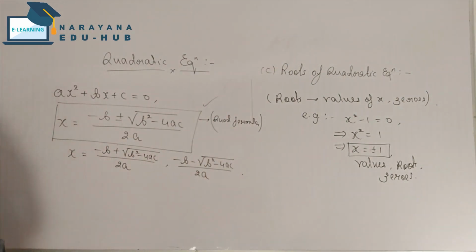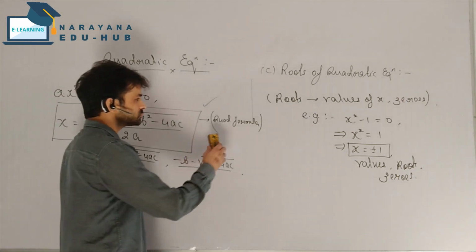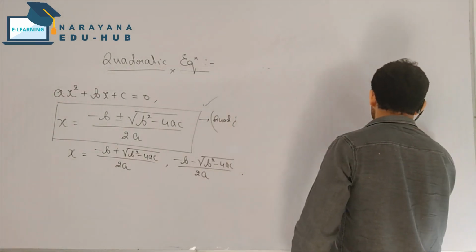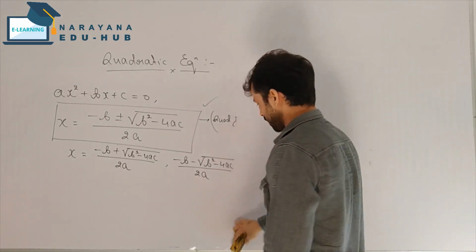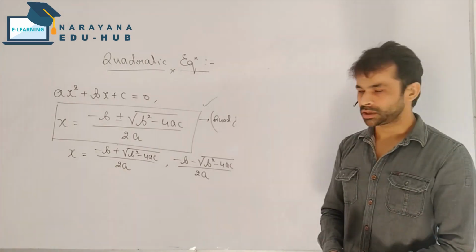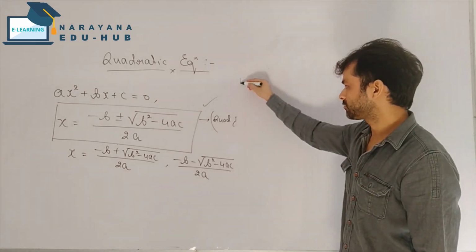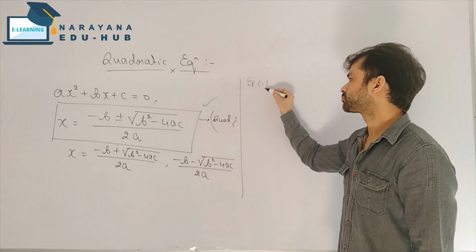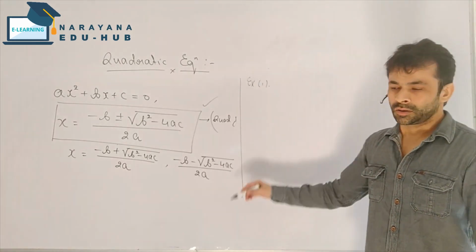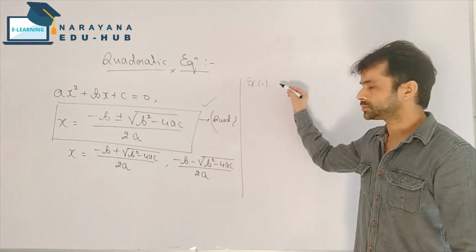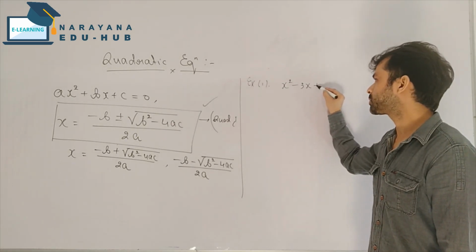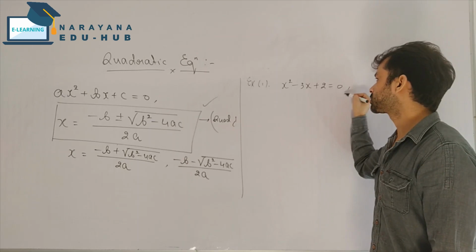Before that, one simple way you can find the roots, just to give you proper explanation: let's say we have x square minus 3x plus 2 equal to 0.